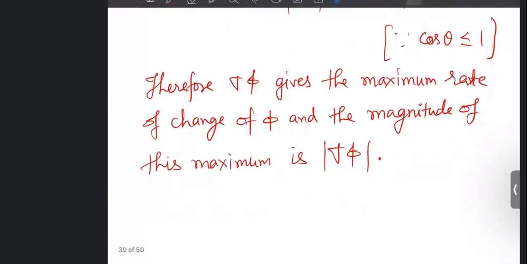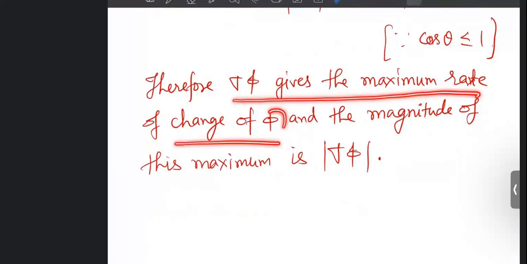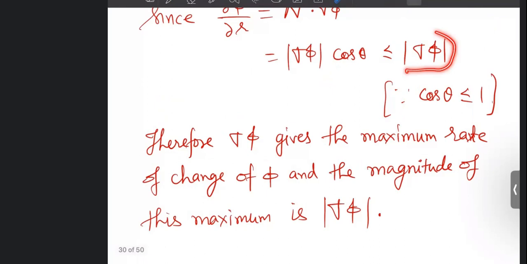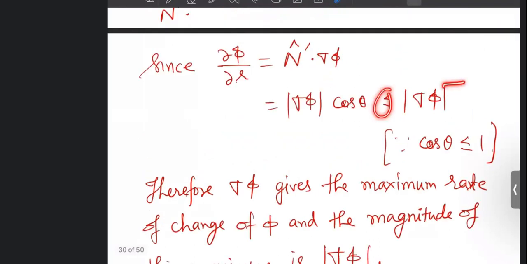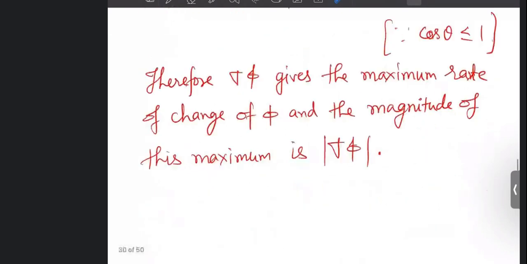Therefore, del phi gives the maximum rate of change of phi. It is an upper limit, because this rate of change is always less than or equal to the magnitude of del phi, and the magnitude of this maximum is del phi.